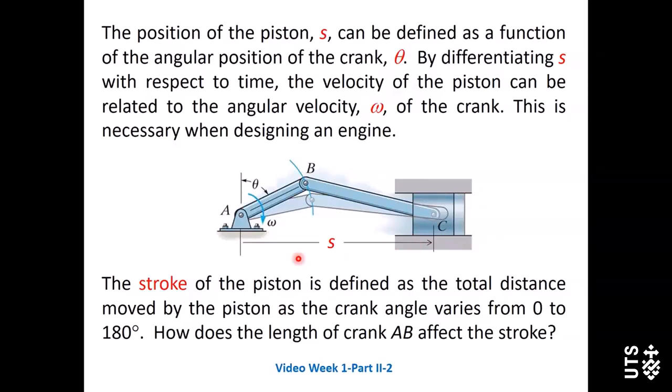The relationship between the angular displacement of crank AB and the displacement of piston C can be easily found using trigonometry.